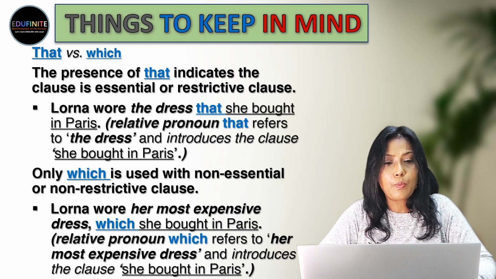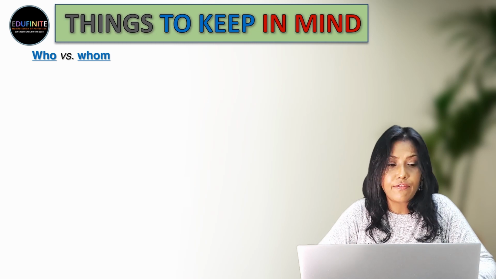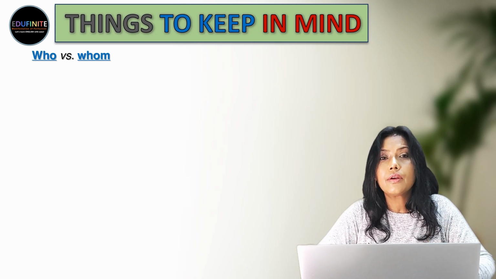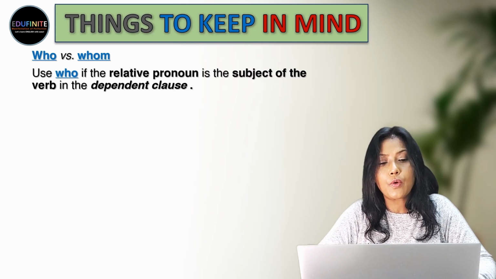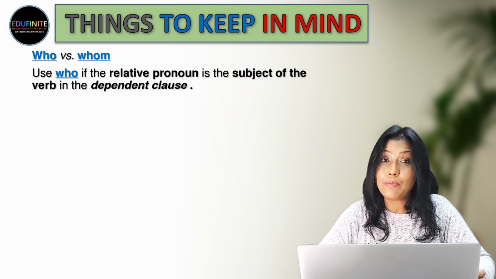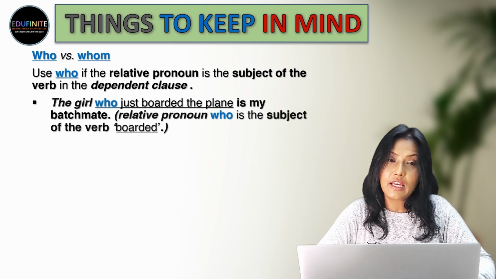Okay. The next point is who versus whom. Now, some of you do get confused. So here are a few tips. Use who if the relative pronoun is the subject of the verb in the dependent clause. For example, the girl who just boarded the plane is my batchmate.